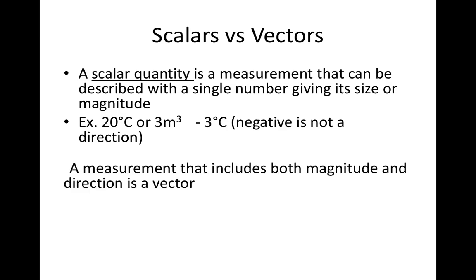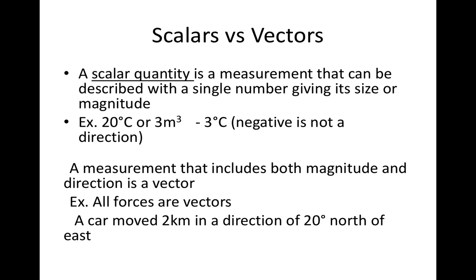A measurement that includes both magnitude and direction is a vector. All forces are vectors, for example. Displacement and direction are also vectors. So a car moved 2 kilometers in a direction 20 degrees north of east.